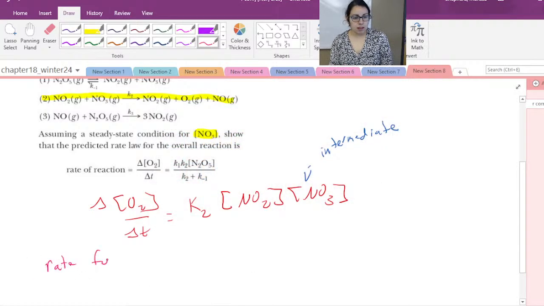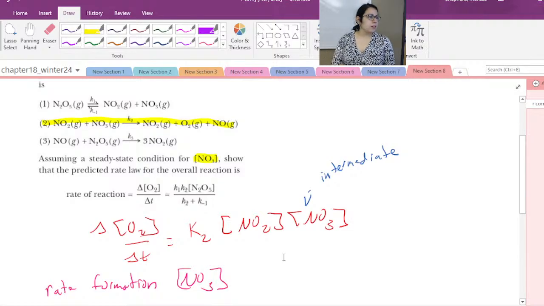Our rate of formation of NO3: where is NO3 formed, or what's the expression that dictates that? The first one, excellent. It makes NO3, so that is equal to K1 times N2O5.